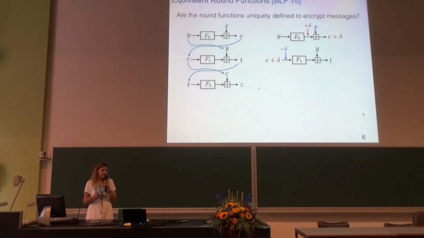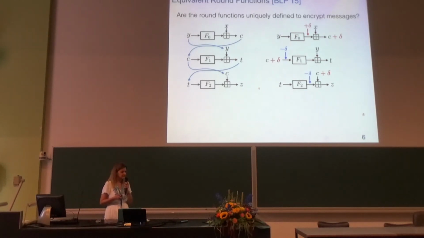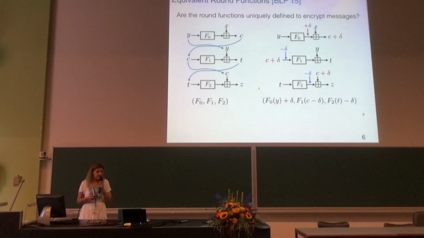Since I want to have the same ciphertext, I just subtract this data value before inputting C to the second round function, and it will generate the same half of the ciphertext T. And again, this additional data value is still in the intermediate value C, so all I do is subtract it from the output of the last round function before adding it to the intermediate value C. So I will generate the same ciphertext from the input XY.